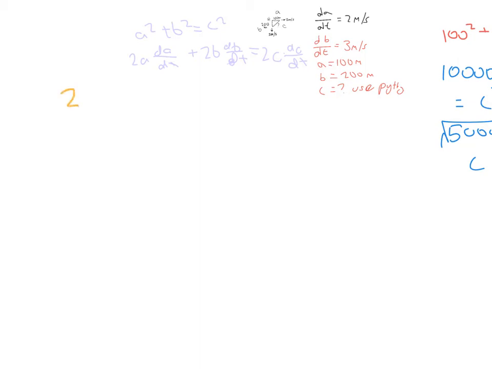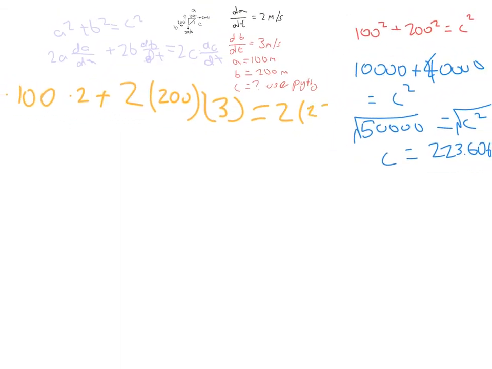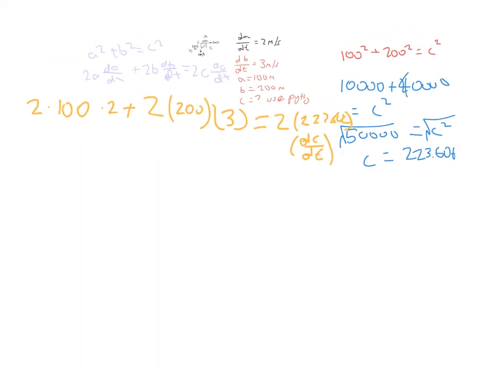So 2 times a, which is 100 meters, times the derivative of a over derivative t, which is just how fast the first delinquent is running, plus 2 times b, which is 200 meters, because that's how far he's away from the house, times how fast he's running, equals 2 times c, which is what we calculated to be 223.606, times the unknown, which is dc over dt. And this is just the rate of change of the distance between them.